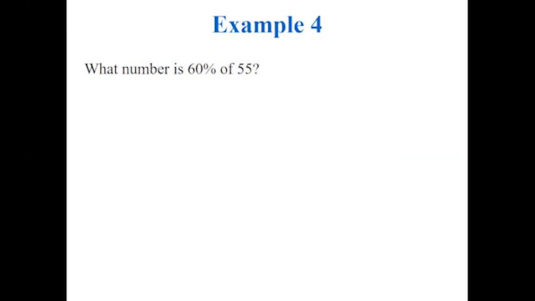Example 4. What number is 60% of 55? 60% is going to be the percent. 55 is going to be the base because it comes after of, which means what number, the unknown, has to be the amount.